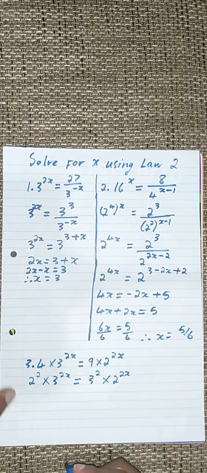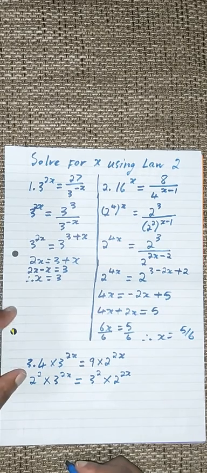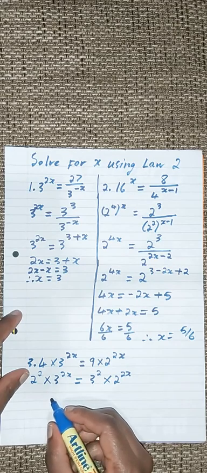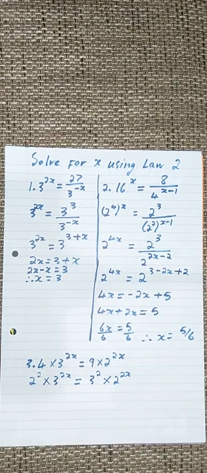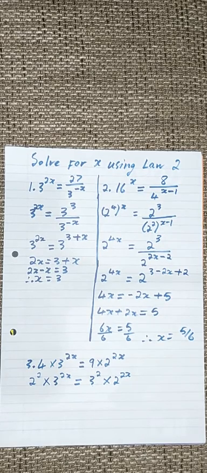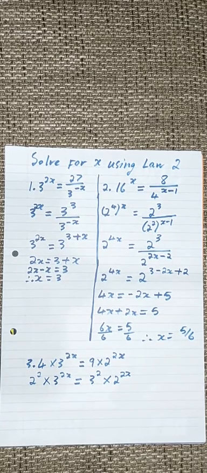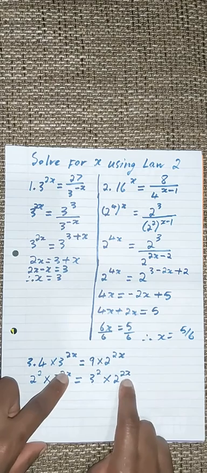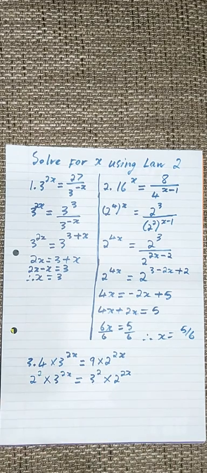It's up to you which order you prefer. So let me see. The approach that we should actually use here is that we'll divide bases with similar exponents with each other, okay?